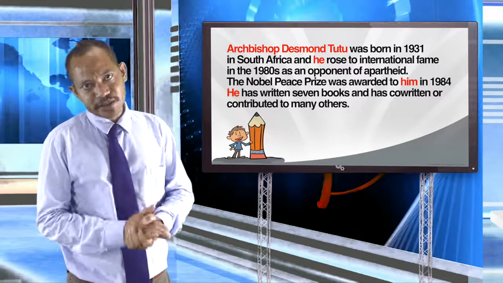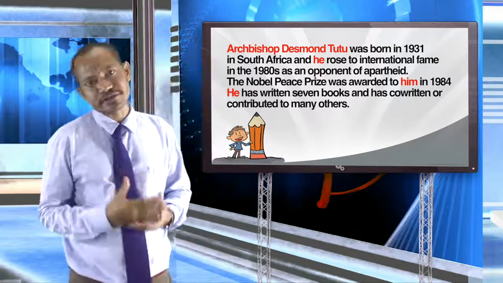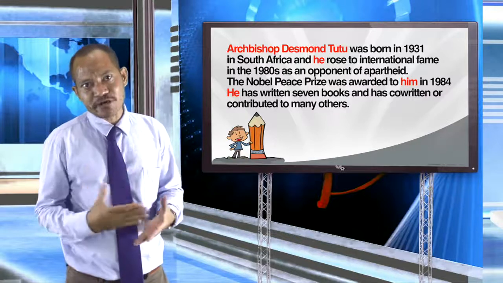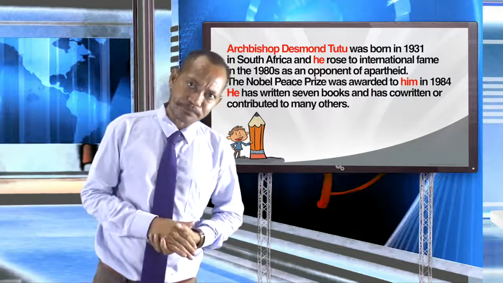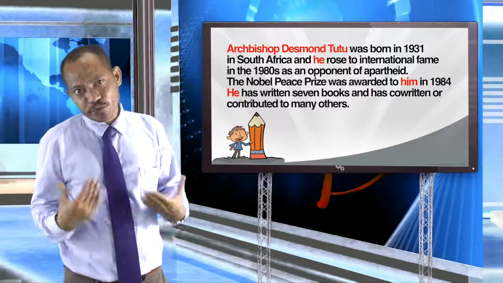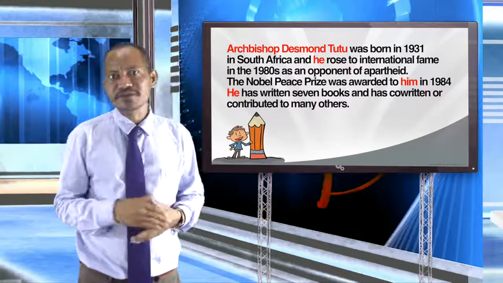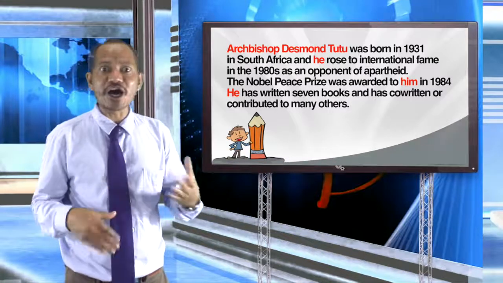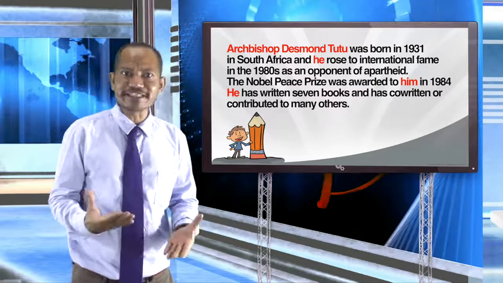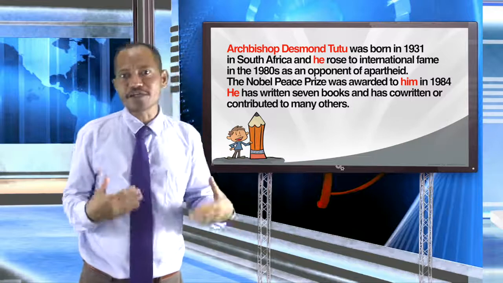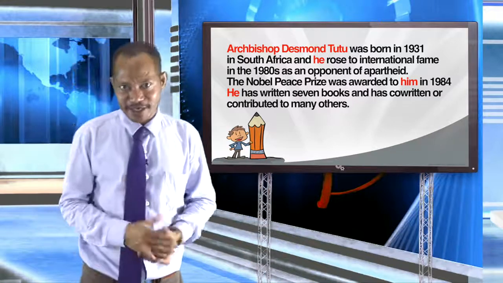So, when you start reading this paragraph reviewed, we can still start the sentence in the paragraph with the proper noun Archbishop Desmond Tutu. Why? Because when it comes to the next sentence with the subject pronoun starting the sentence or object pronouns at the end of the sentence, the readers or listeners are able to tell who the writer refers to as a he or a him here.